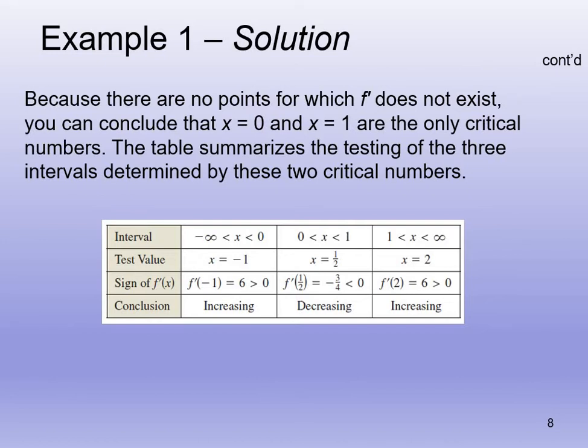So we can now conclude, based on our test values, we're using the derivative to conclude what's happening to the original function. So the original function here is going to be increasing from negative infinity to 0. It's going to be decreasing from 0 to 1. And it's going to be increasing from 1 to infinity.